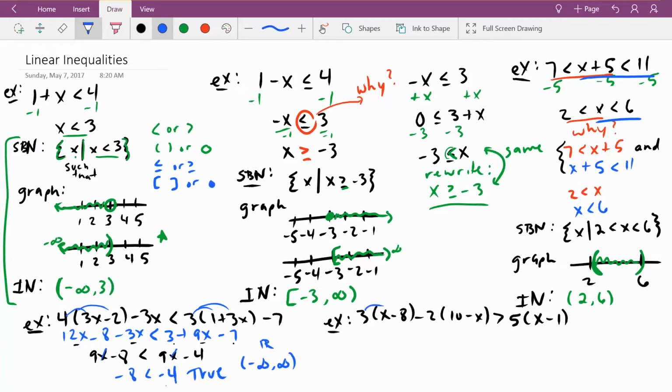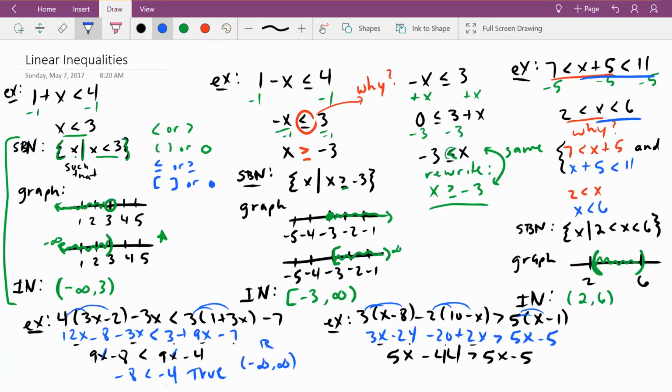Let's distribute again. So we have 3x minus 24 minus 20 plus 2x greater than 5x minus 5. Combining like terms, 3x and 2x is 5x, negative 24, negative 20, negative 44, greater than 5x minus 5.